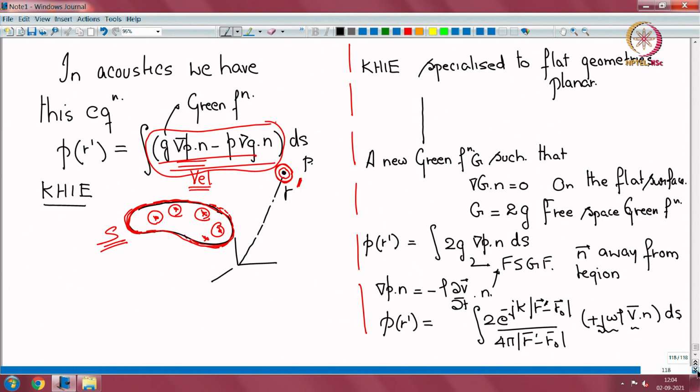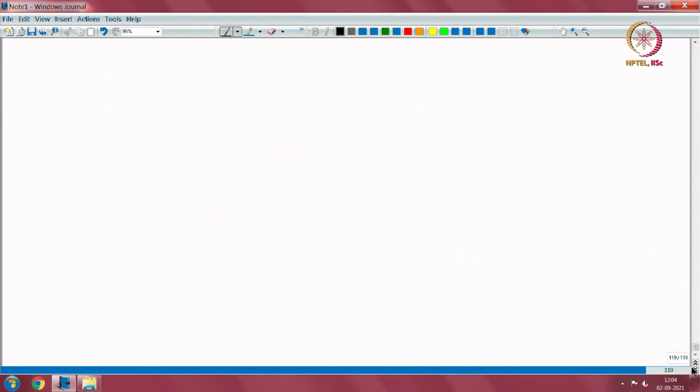So let me rewrite my equation. My pressure at some location r dash, let me make it a vector here, is equal to integral over, let's say, the entire baffle now, entire plane, to begin with, twice e to the power of minus j k magnitude r bar dash minus r0.